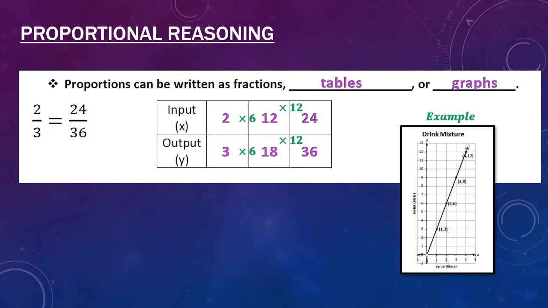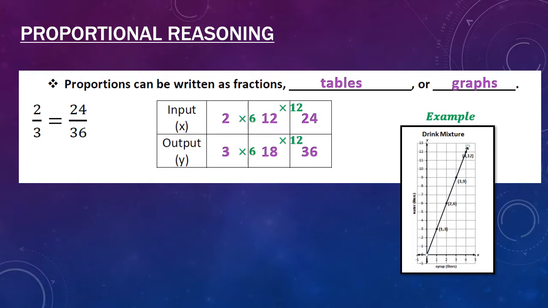You may also see a graph like this. Now, this graph does not match this table. I took an example of a graph from another worksheet that I had, but they will be like this, where they take the input-output, the x and the y values, remember coordinate plane, and they're going to put them on a coordinate plane in the first quadrant and plot them like this.